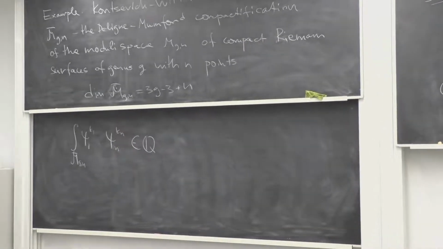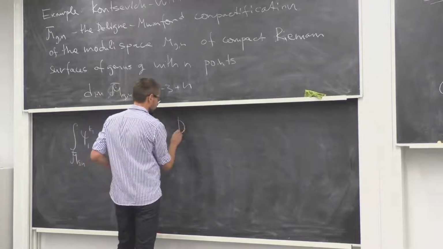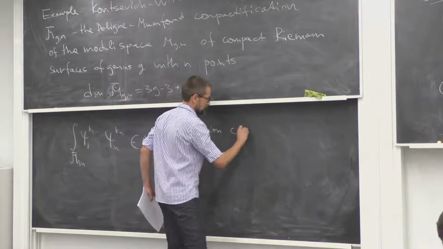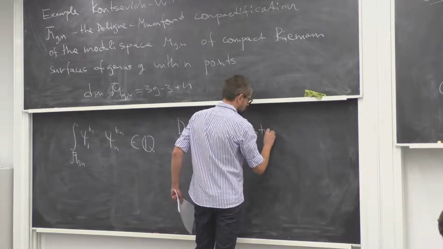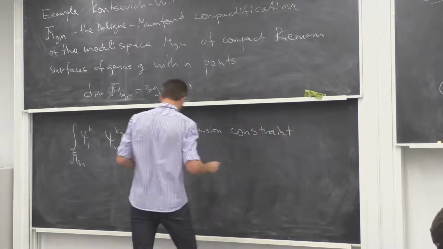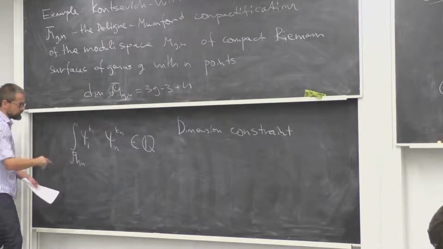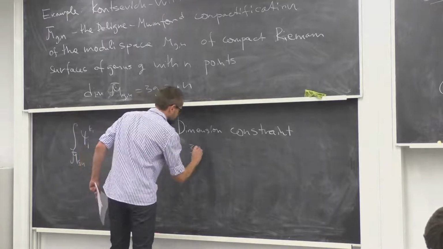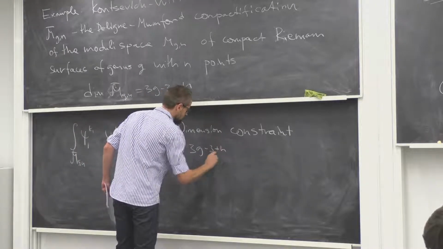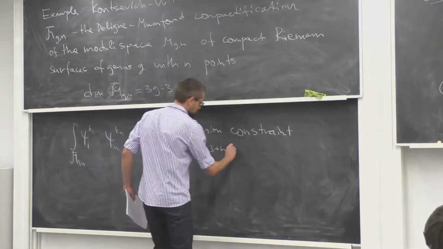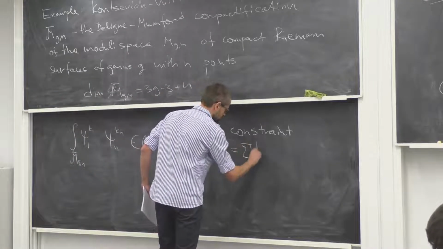And we have a dimension constraint: the dimension of this moduli space, 3g minus 3 plus n, should be equal to the degree of the form, which is the sum of the indices k_i.